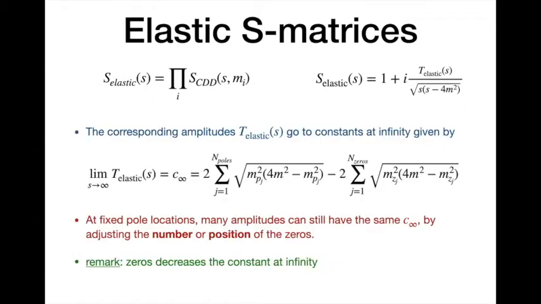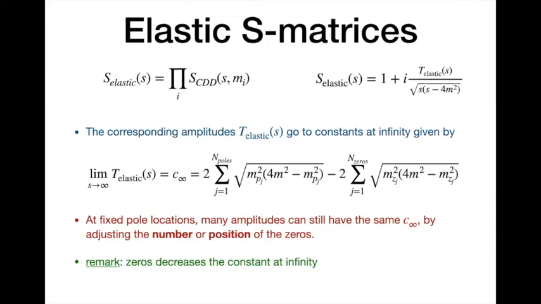And I wanted to write, so for a given set of poles at locations M_P_j, and zeros at locations M_Z_j, the constant at infinity is easy to compute. It's given by this sum.